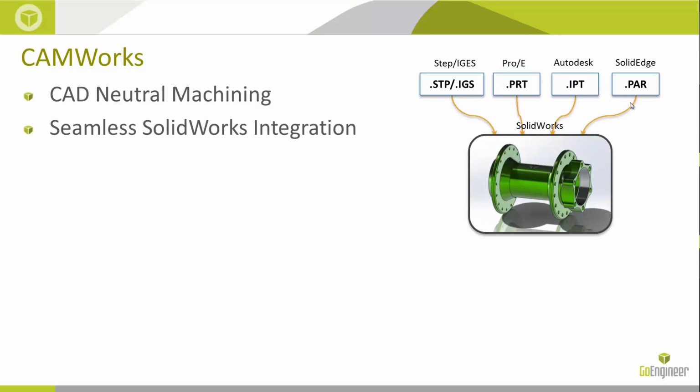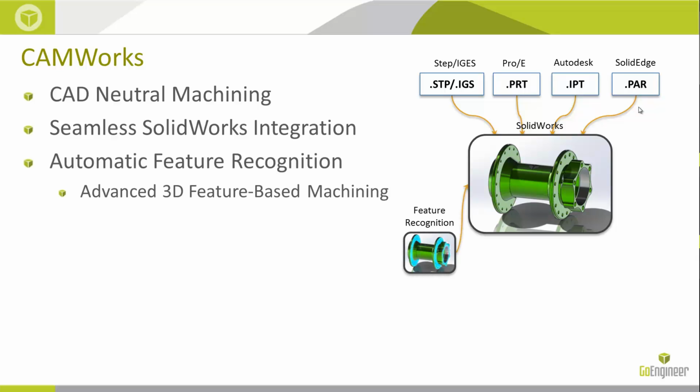That's the important thing here. CAMWorks is fully integrated into SolidWorks, so this is a great tool for current or prospective SolidWorks users. We'll see here in the software that switching between SolidWorks and CAMWorks is really just changing a couple tabs.